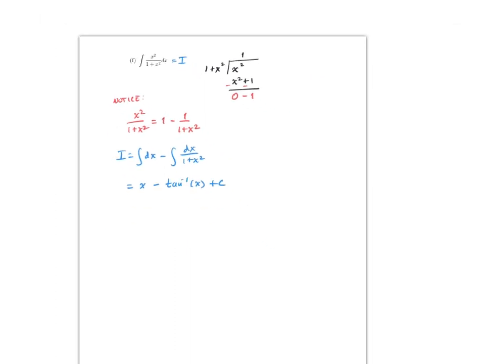If you use trig substitution, you'll end up with the same answer, but if you use trig substitution, x has to be tangent theta, and then you should check that you get the same answer. So just give it a try, because you will end up with the exact same answer.